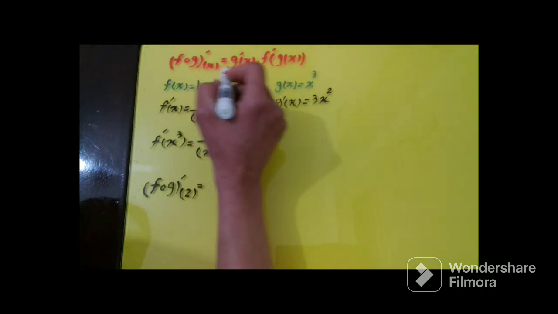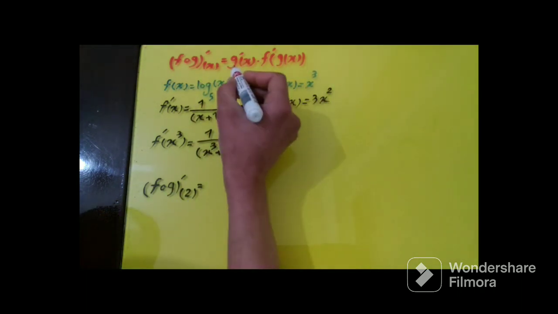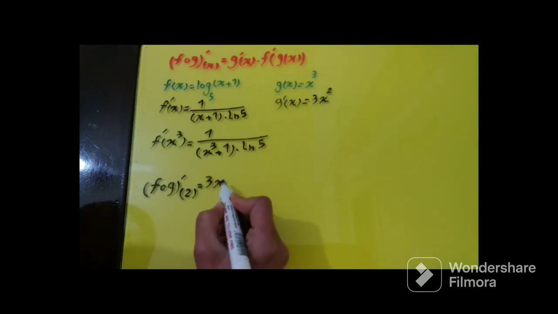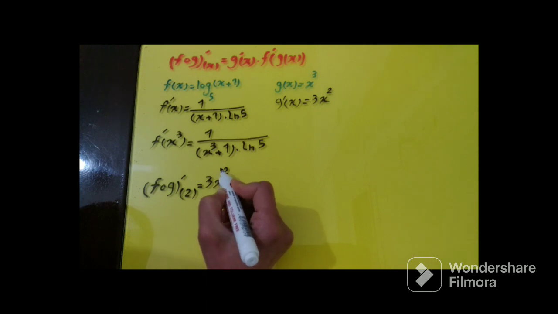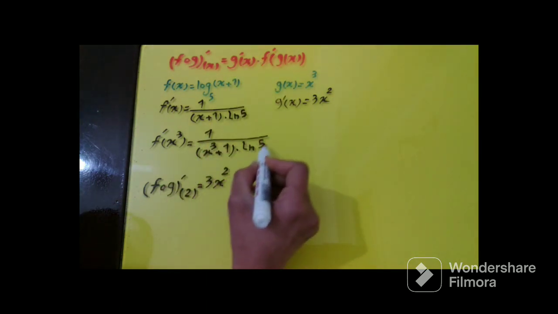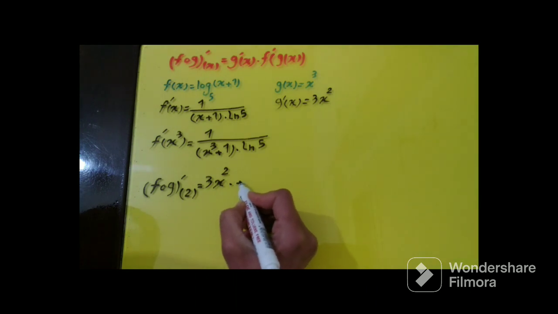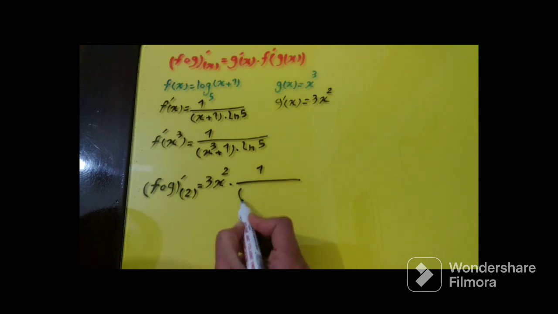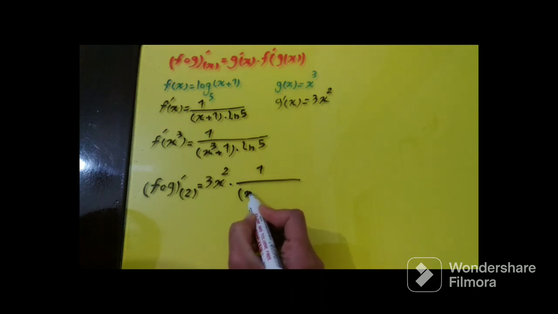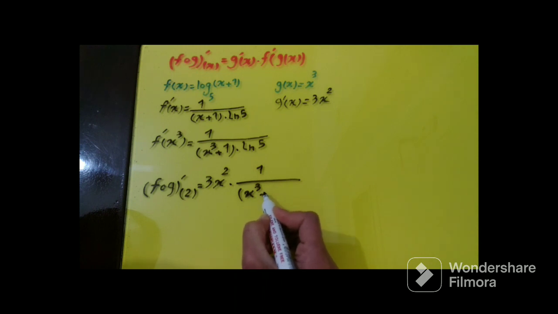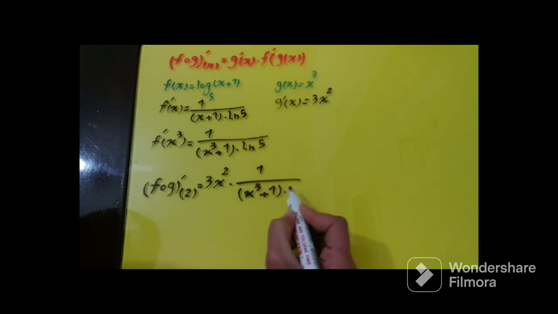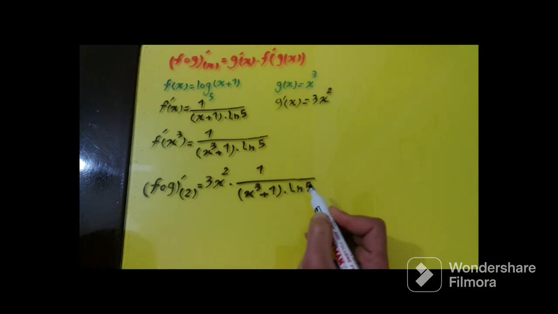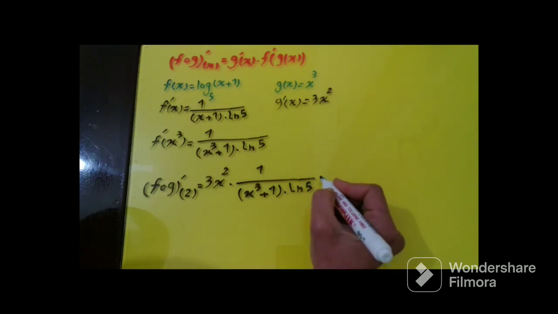So according to the chain rule, we should write g prime, 3x squared, times this term, 1 over x cubed plus 1 times ln of 5.